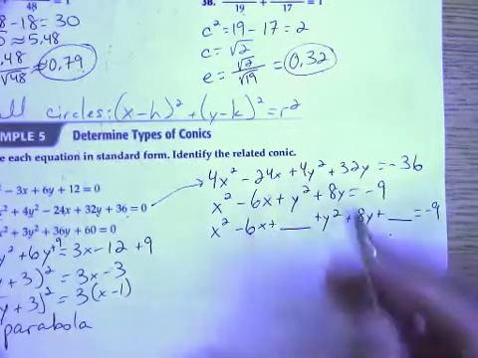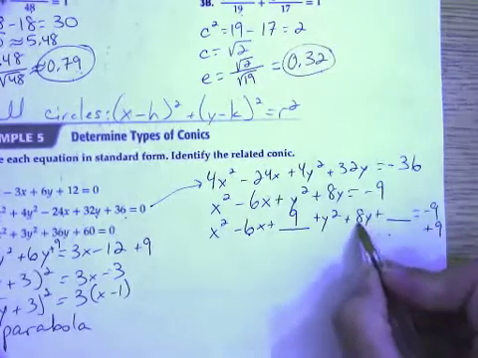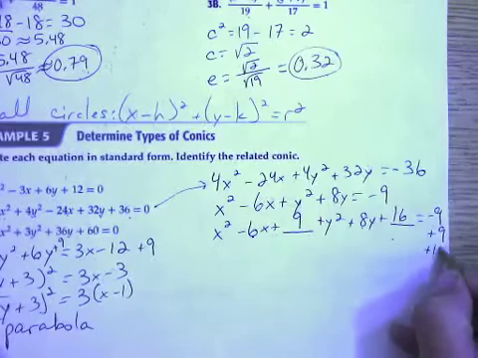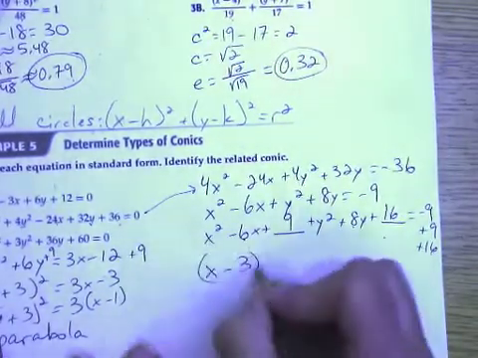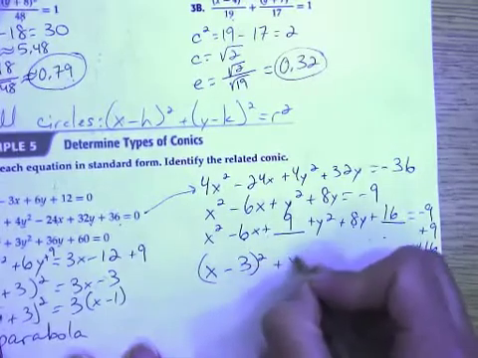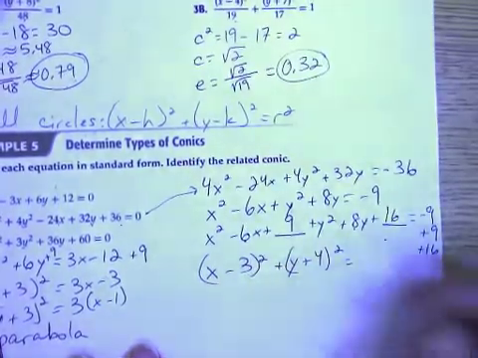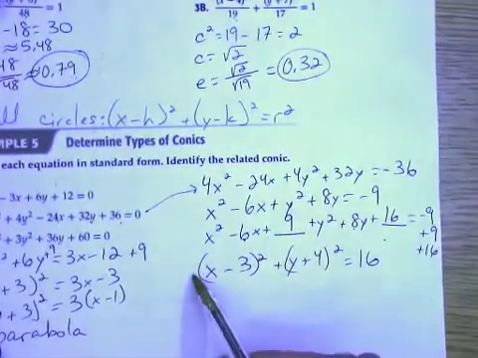Negative 6 divided by 2 and squared is 9. 8 divided by 2 and squared is 16. So we have (x minus 3) squared plus (y plus 4) squared equal to 16.